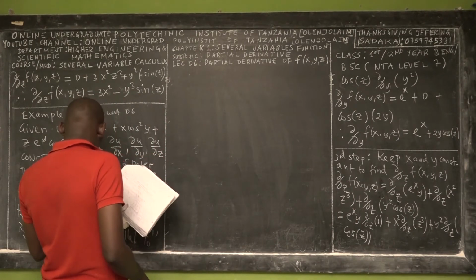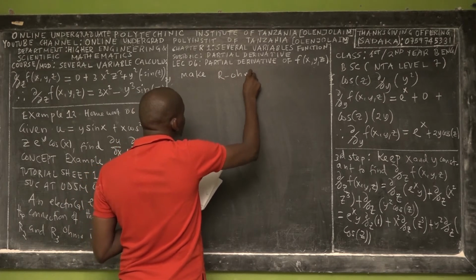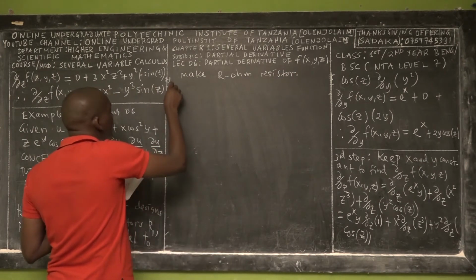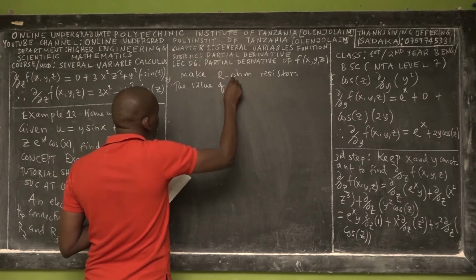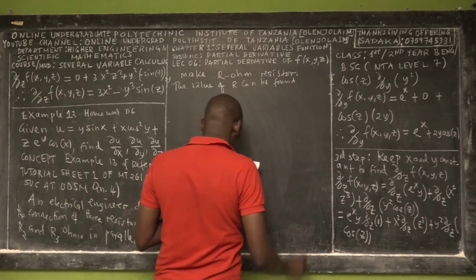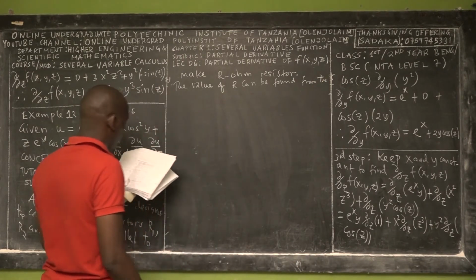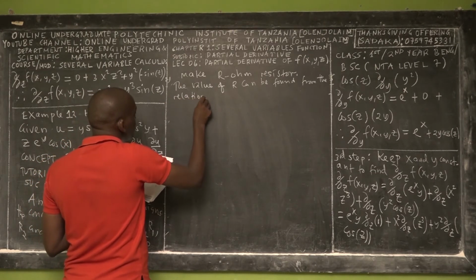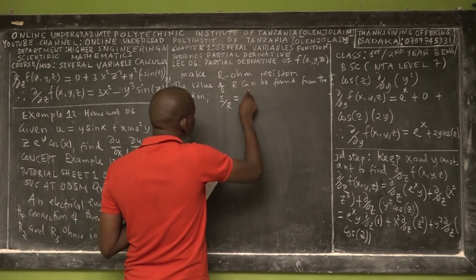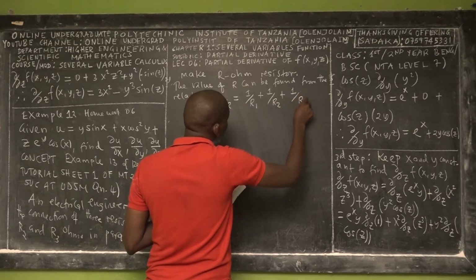So to make it in parallel, to make an R ohm resistor, the value of R can be found from the relation: 1 over R is equal to 1 over R1 plus 1 over R2 plus 1 over R3.